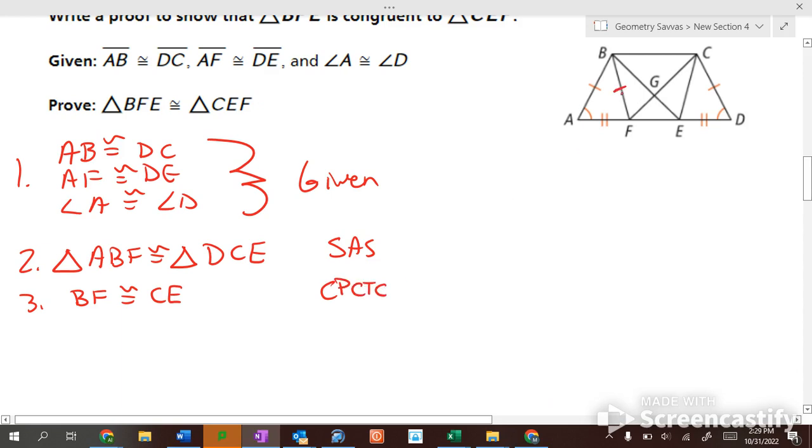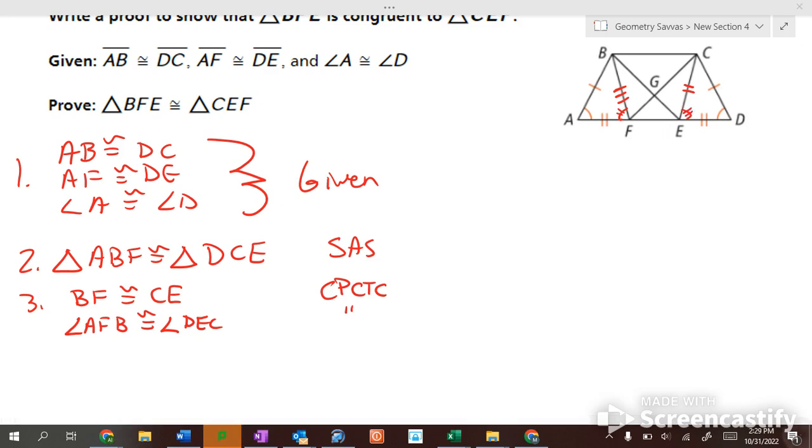CPCTC. This is congruent to, should make 3 marks, is congruent to this. Okay? I can also say, by CPCTC, that angle AFB is congruent to angle DEC. So this angle right here is congruent to this angle right here.